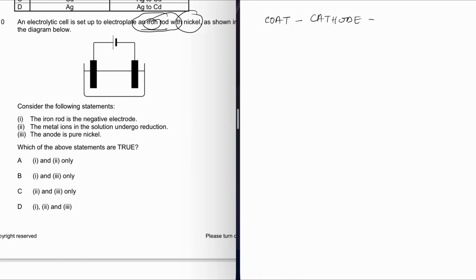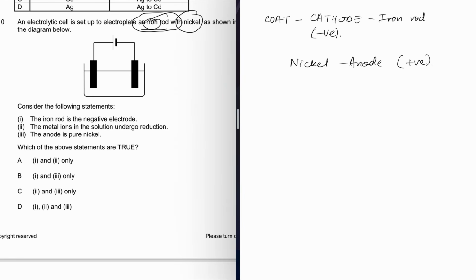So it means that the iron rod is going to be the cathode. Further, in electrolytic cells, the cathode is the negative electrode. So the iron rod is going to be the negative electrode and it's going to be the cathode. That means the nickel must be the anode, and then therefore it must be the positive electrode.